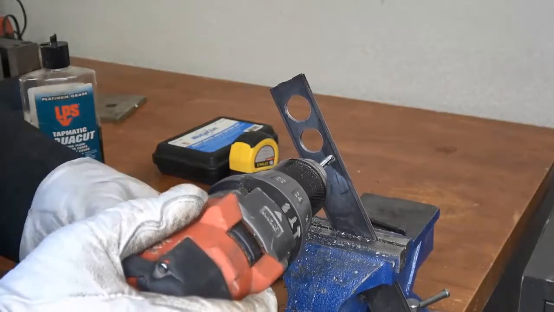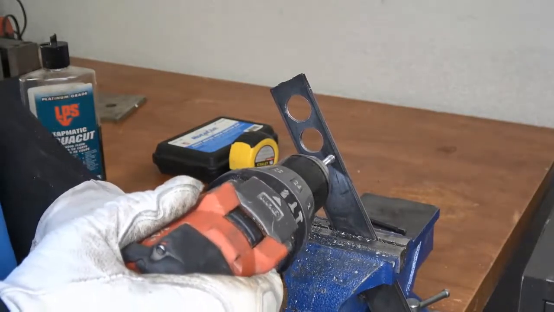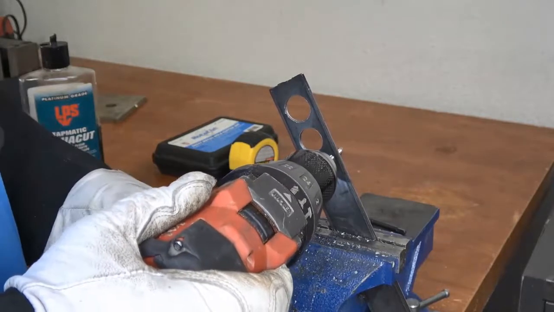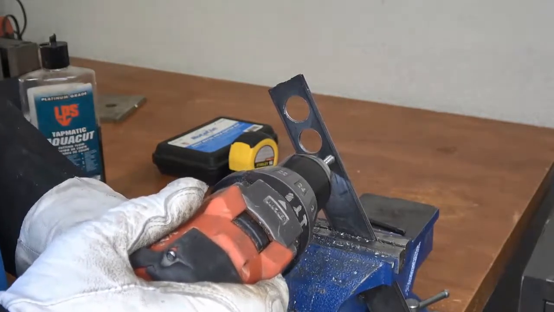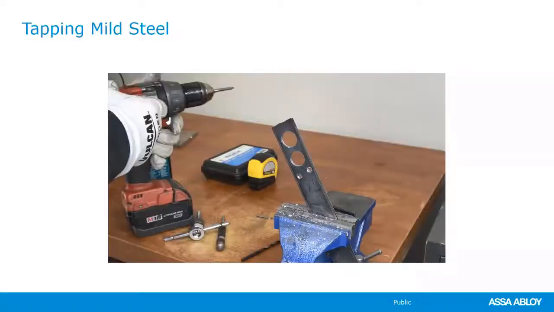So it's bound and it slips. You can imagine if you had 40 holes to drill and tap, using that type of tap would be a little bit quicker than the taper tap. And guess what? They're not any more expensive. And actually, in some cases, they're less expensive.